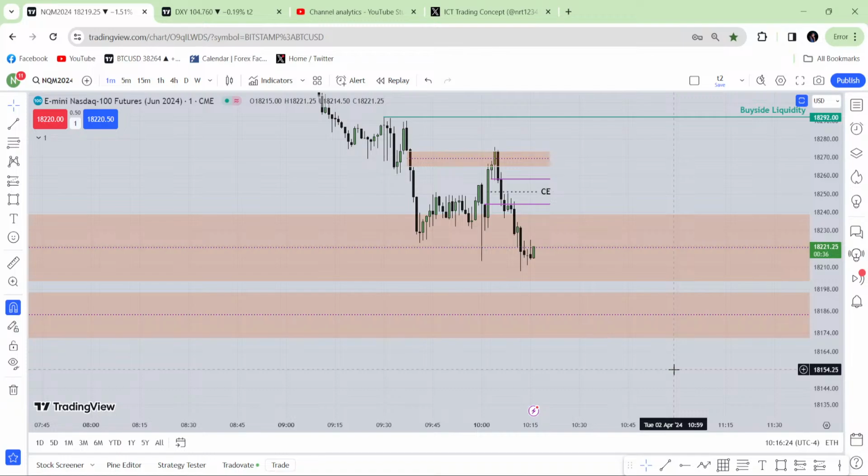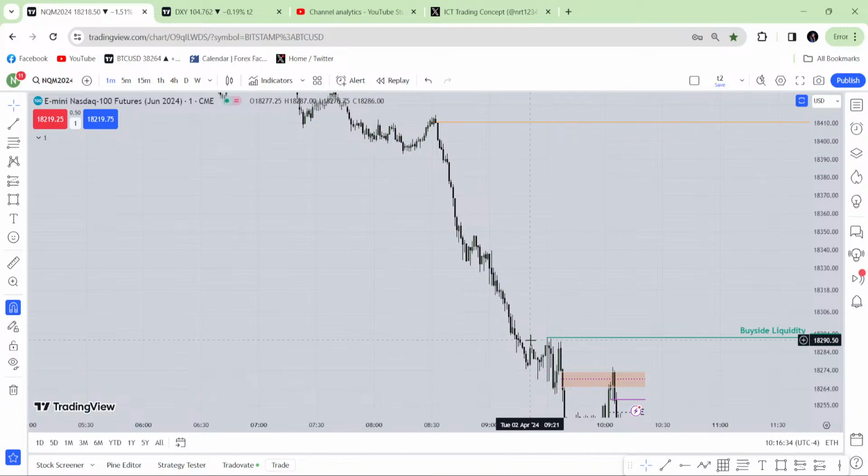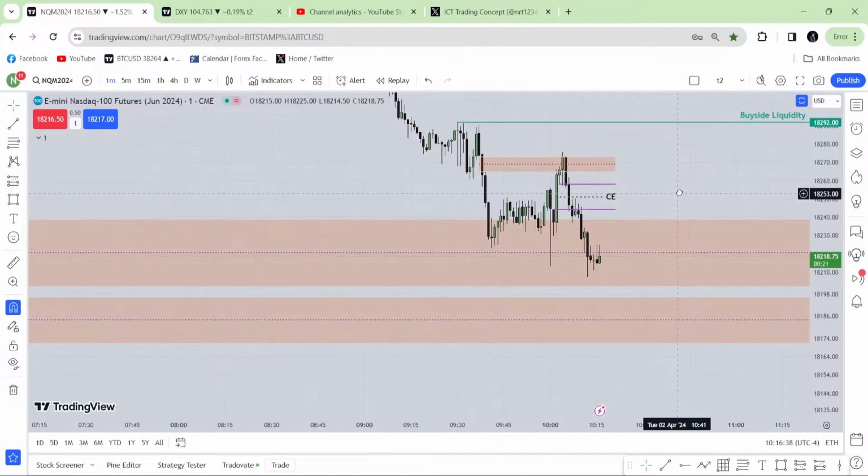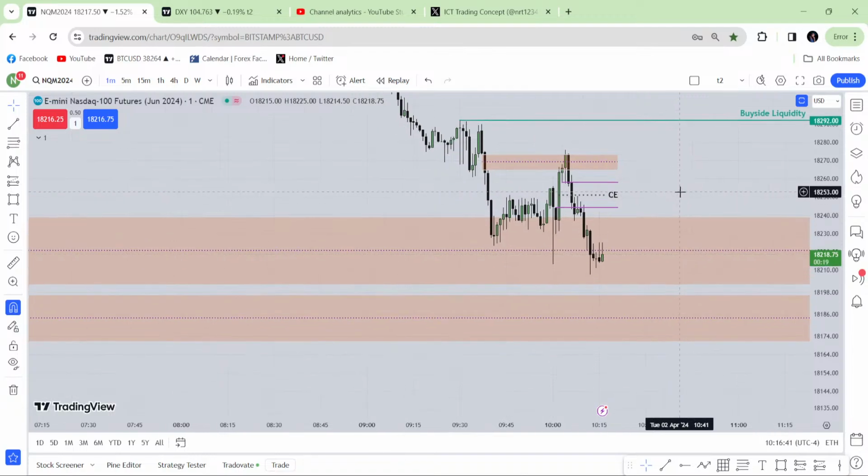What does ICT say when we get big ranges? If that range comes from the midnight, then you have to avoid the morning session. I mean, this type of big range, if you say overnight big range, you have to avoid the morning session because the morning session is highly manipulated. That's all ICT told about the big range around the midnight.